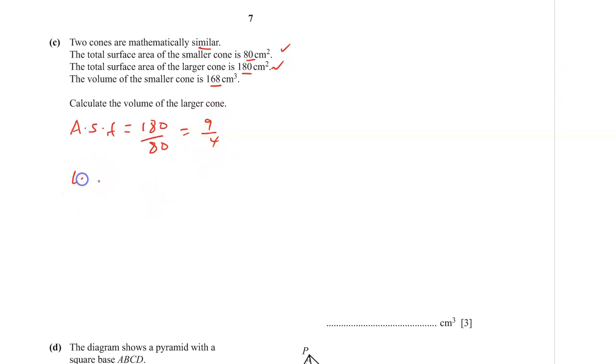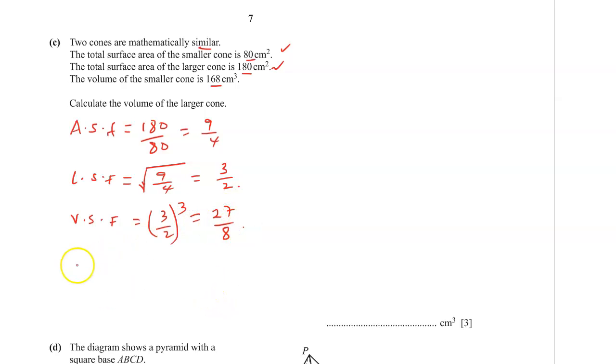Therefore, the linear scale factor is the square root of 9/4, which gives us 3/2. And therefore, the volume scale factor is 3/2 cubed, which will give us 27/8.